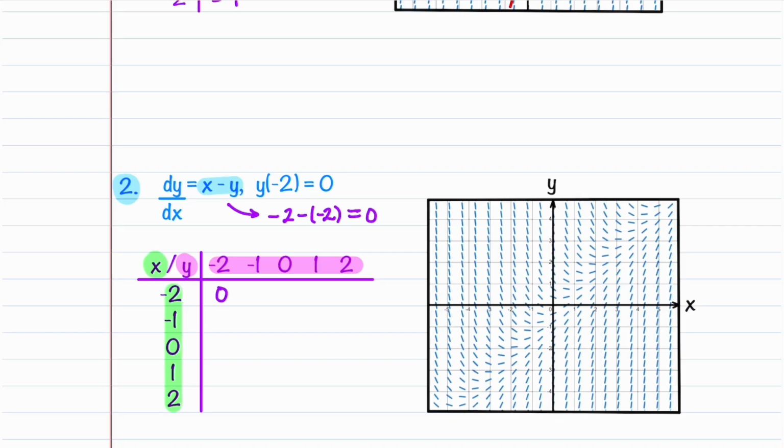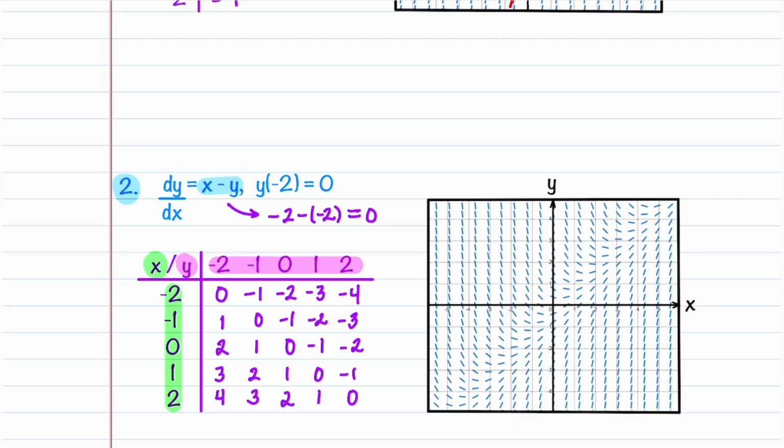When y is -1, we're going to have -2 plus 1, and we get -1, and then likewise, we're going to get -2, -3, and -4. You just need to follow that process to fill in the rest of the values. Here are those values.